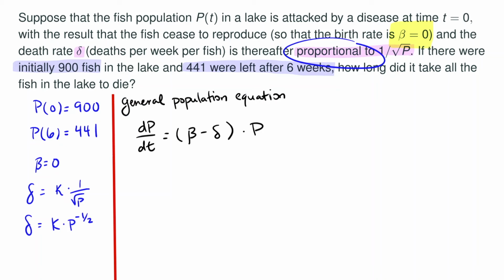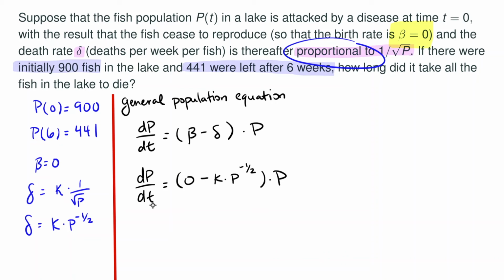Now this situation will fit our general population equation that the change in population over time is equal to the births minus the deaths times the population. So for our case, we have dp dt is equal to 0 births because of our disease, minus our constant, our death, times this.